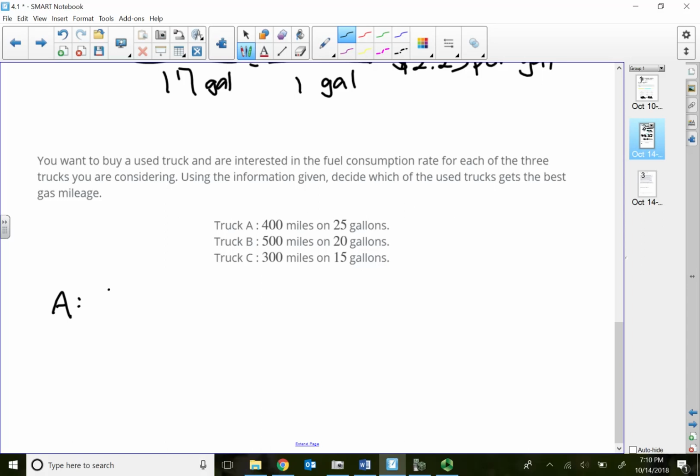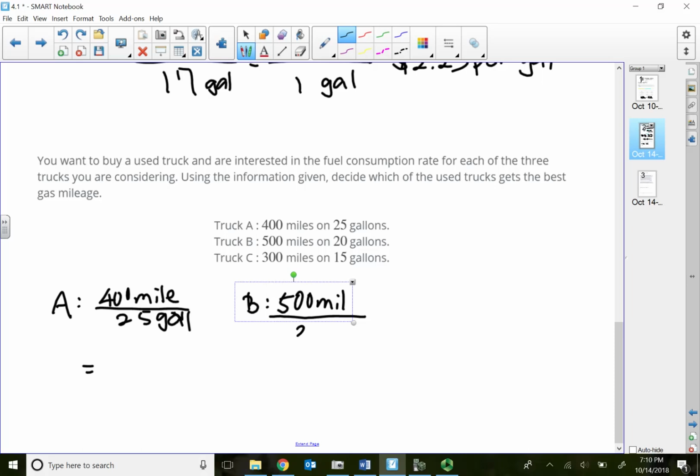The first one, truck A, is 400 miles on 25 gallons. Truck B, let me put it right below to compare side by side, is 500 miles on 20 gallons of gas. And truck C is 300 miles for 15 gallons.